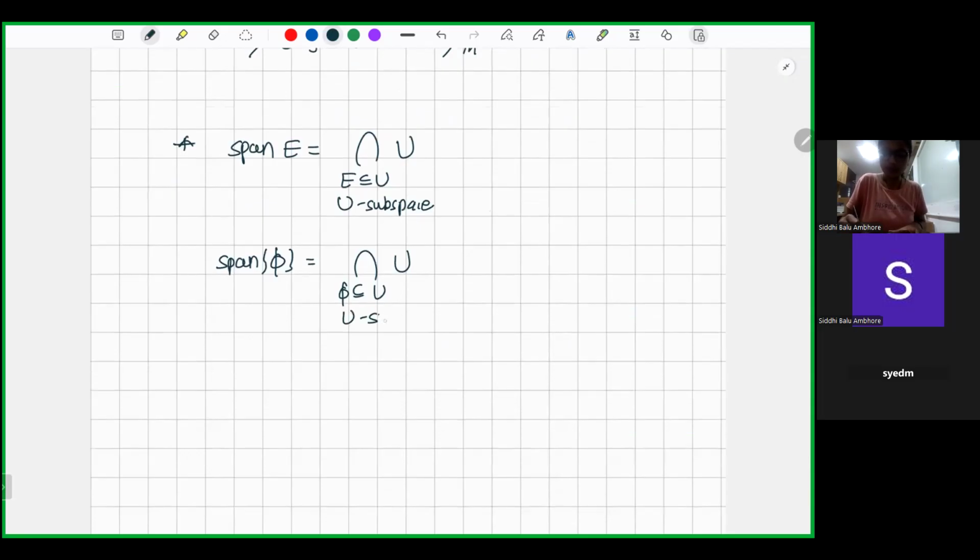If you want to talk about the span of the empty set, it will be the intersection of all subspaces U of V where the empty set is a subset of U. And since subspaces are non-empty subsets, because 0 always belongs there, each such subspace of V will have 0 in it. So that will give me 0 as the span of the empty set.